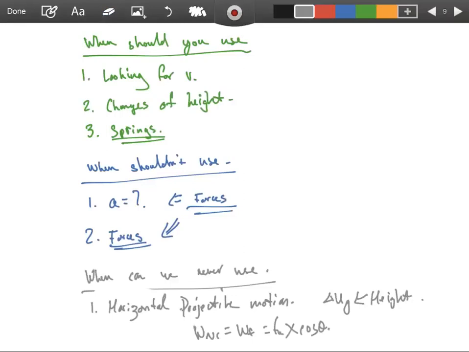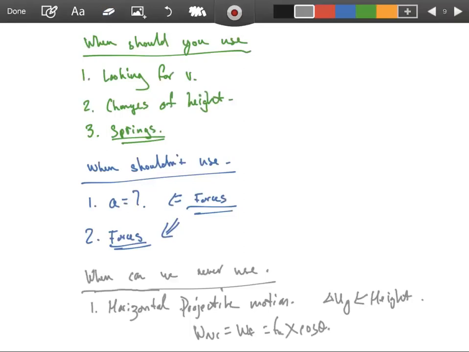So there is no x component inside of here because there is no work done by a non-conservative force, which means there's nothing inside of conservation of energy that would give me anything about horizontal. This is one place where conservation of energy will unfortunately fail.